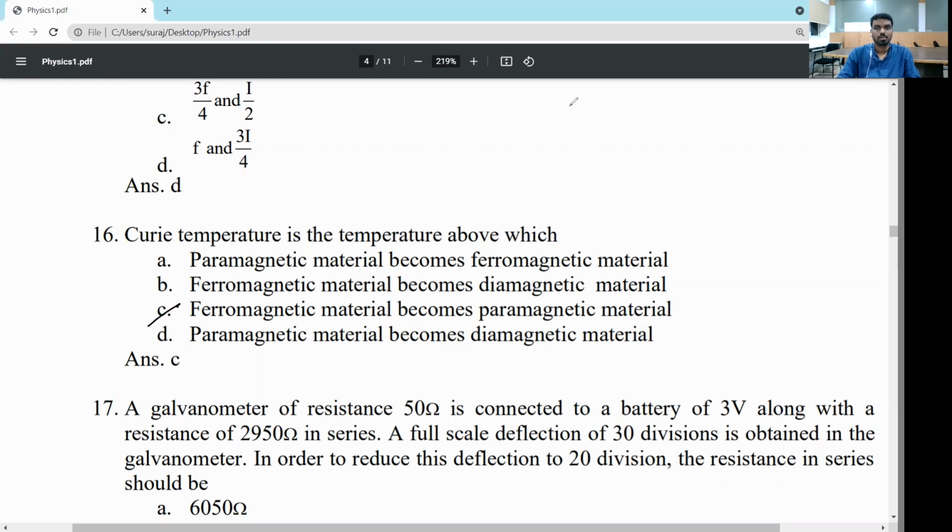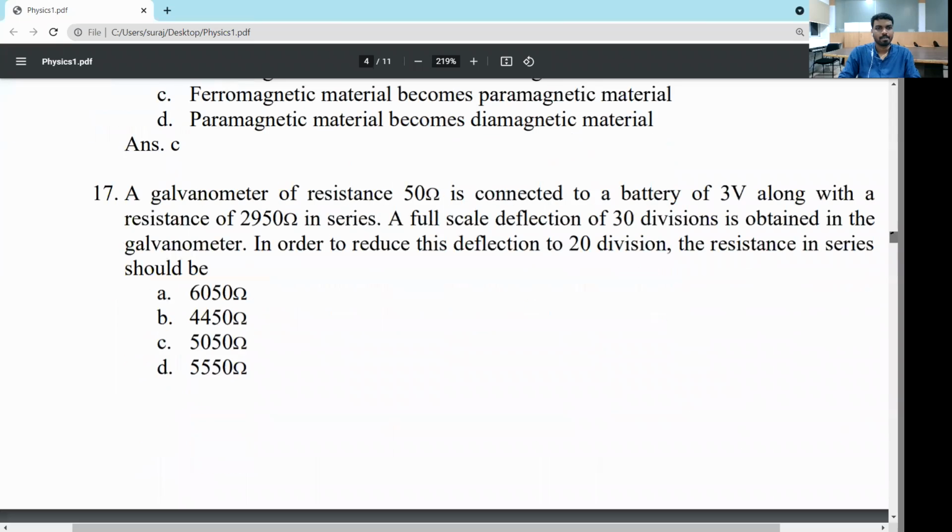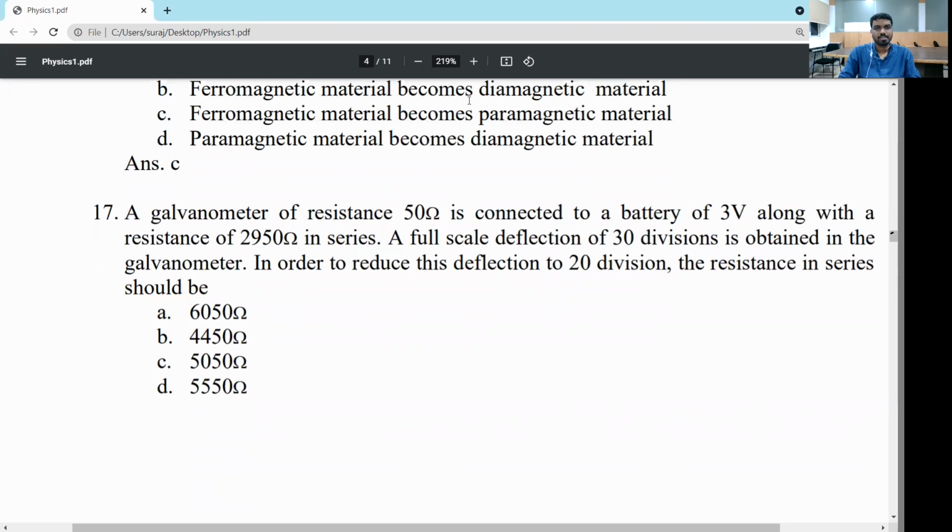Theory based questions. Question number 17. A galvanometer of resistance 50 ohm is connected to a battery of 3 volts along with a resistance of 2950 ohm in series. The full scale deflection of 30 divisions is obtained in the galvanometer.